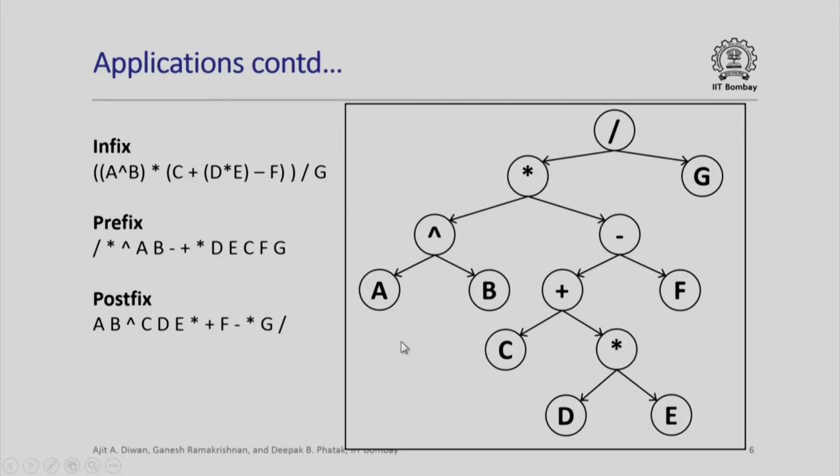It is interesting to note that in all the trees which we have used to represent expressions, all operands like a, b, c, d, e, f, g appear as leaf nodes. All operators appear as parent nodes of these leaf nodes, and if you look carefully, the order in which these operators appear in the tree implicitly represents the priority in which these operations are to be carried out.